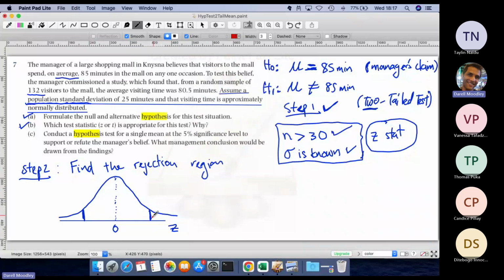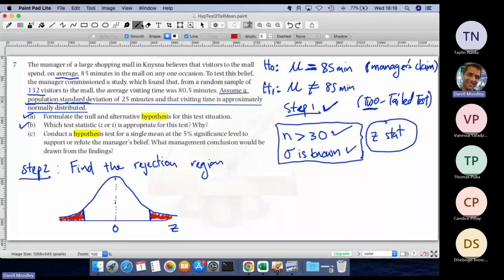I'm going to use red. So this is one rejection region, and this is the other one. Remember, you don't have to draw this graph absolutely accurately. You just need to keep the general idea in mind: a bell-shaped curve, and two rejection regions on the far right tail and the far left tail, just like how I've shaded in red.